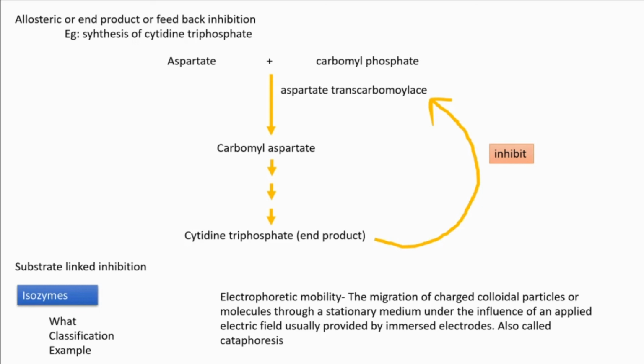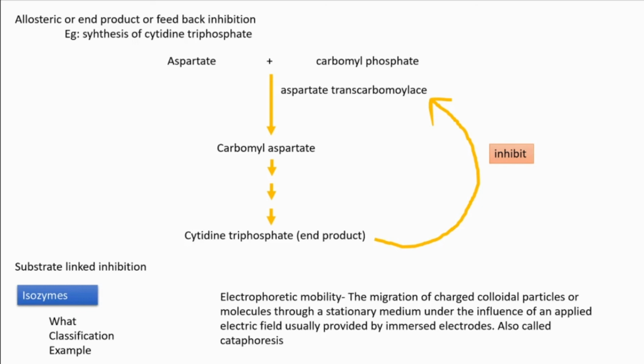In non-competitive inhibition, the Km value is unaffected, because as the inhibitor is not decreasing or increasing the affinity of the enzyme, there is no change in Km value.